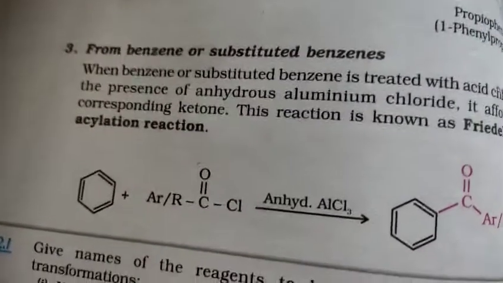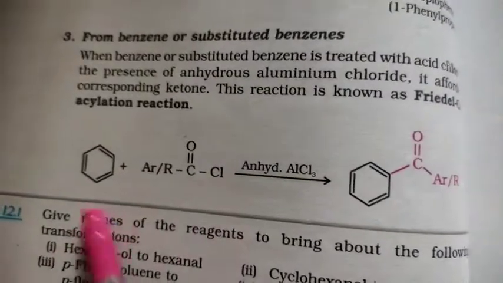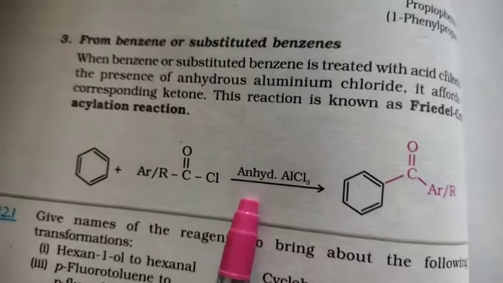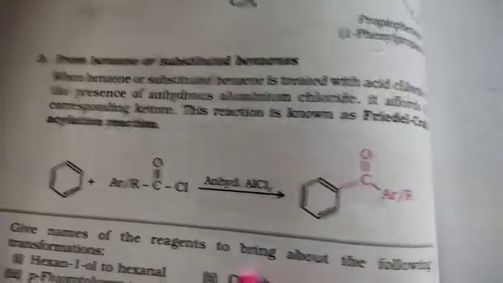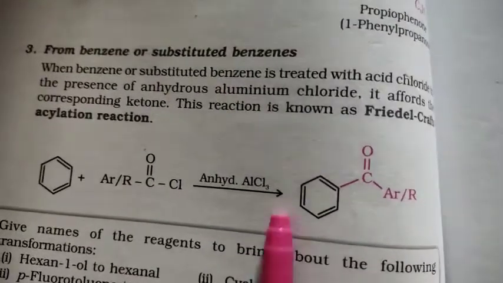Acyl chloride. Next, both these compounds are treated in the presence of anhydrous aluminum chloride. Anhydrous means dry. There is no presence of water or moisture in the compound.